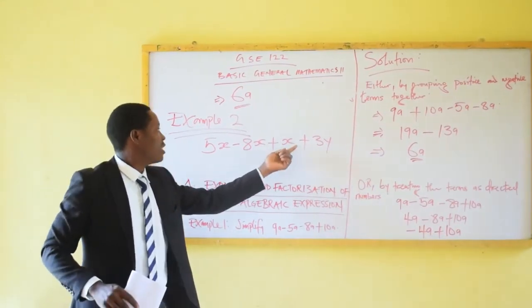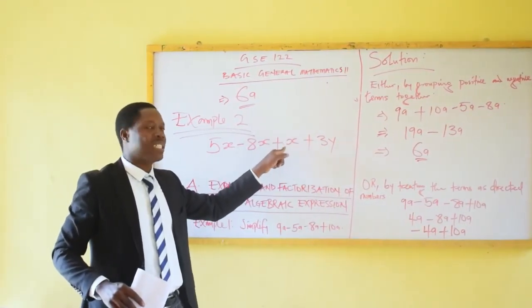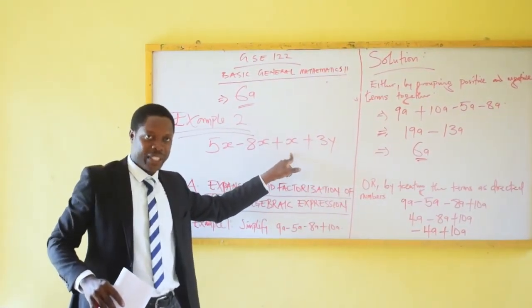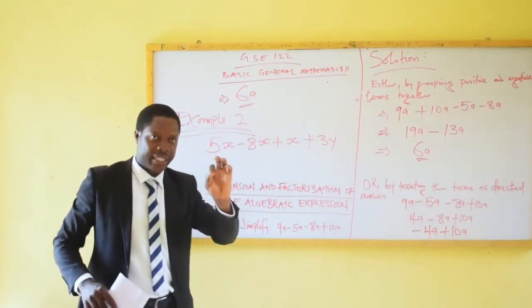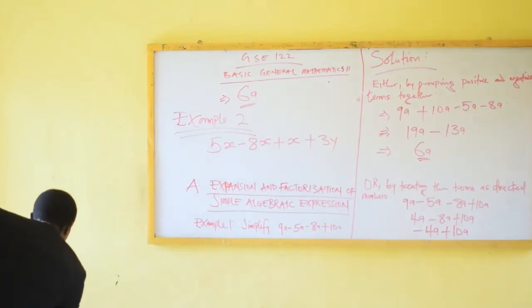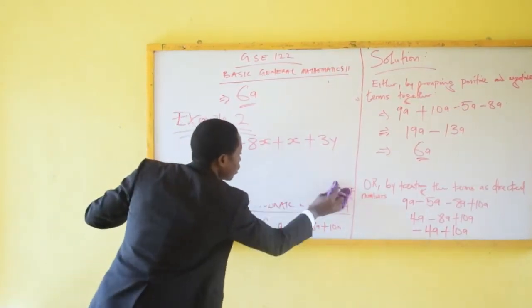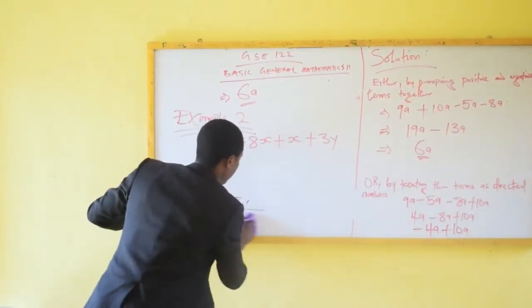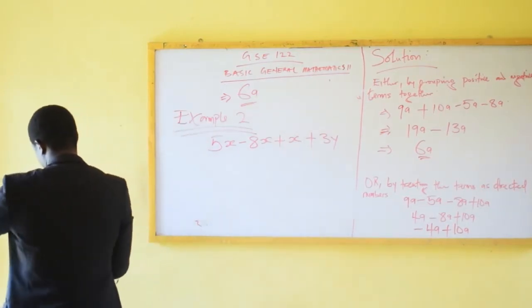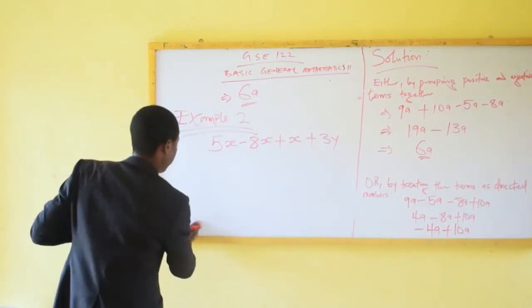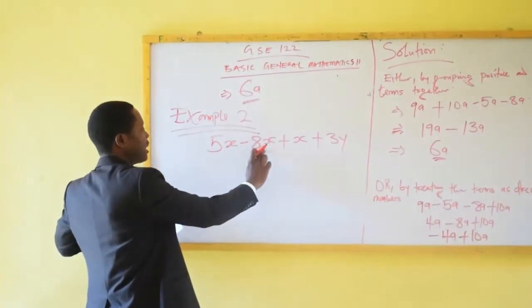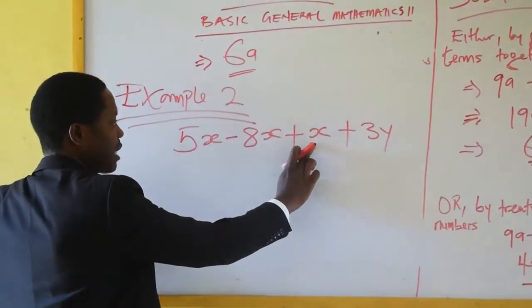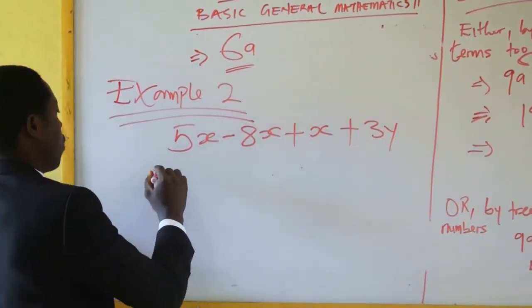Now the x: 5x, 8x, and the single x. Now this x without a number here means it is 1x. Is that okay? I think you are familiar with that already. So from that junction, let's group it out and solve from there. 5x minus 8x plus x plus 3y.